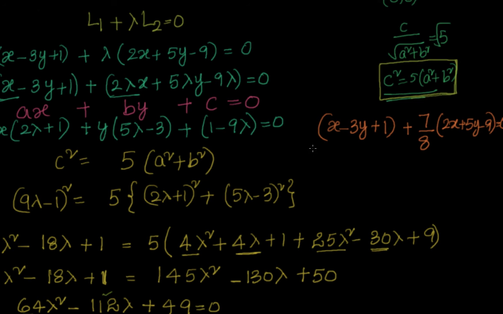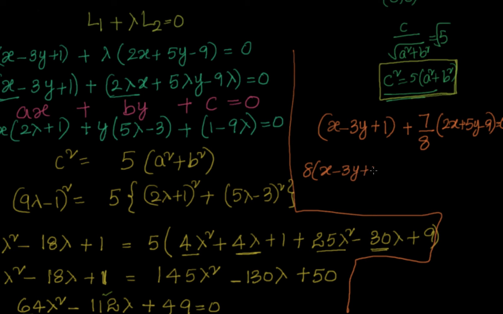Okay, this is nothing but 8 into x minus 3y plus 1 plus 7 into 2x plus 5y minus 9 equal to 0.